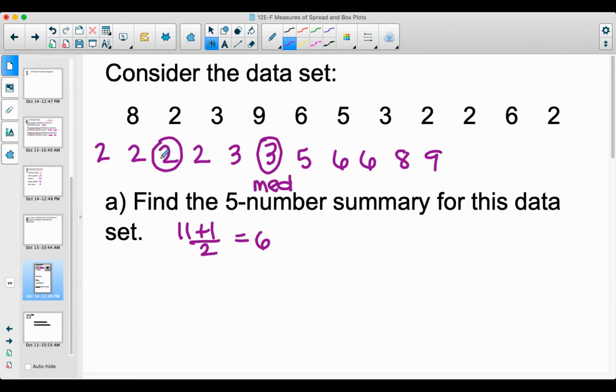So here would be our Q1, and here would be our Q3. And then this is obviously your min, and this one is your max. So there is our 5 number summary. Min is 2, Q1 is 2, median is 3, Q3 is 6, and max is 9. So that is your answer to part A.